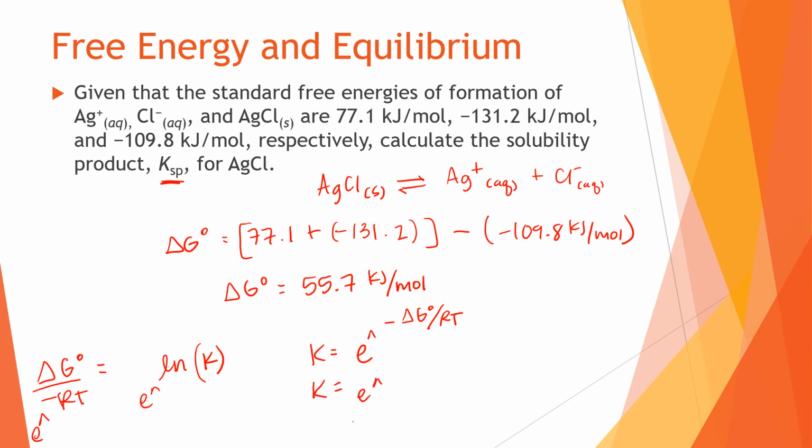So e raised to the negative 55.7 divided by, remember this is in kilojoules, so we got to put R in kilojoules, 0.008314 times the temperature, which is 298.